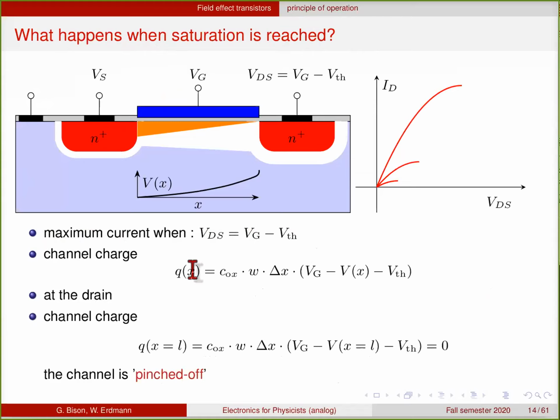And in this case, the channel charge, which is given by this expression, when you evaluate it at the drain, so you plug in the drain source voltage here, you get V gate minus V threshold here, then this term becomes 0.